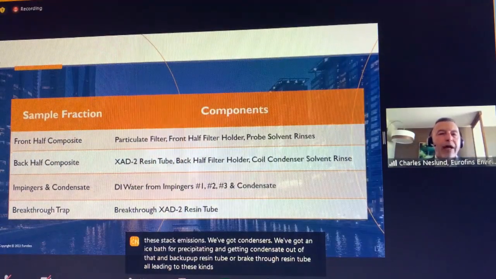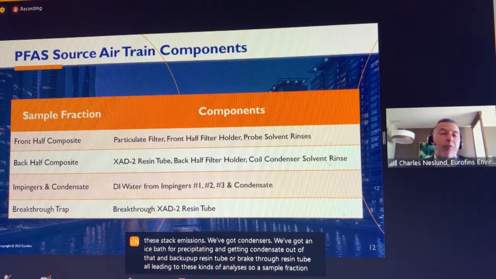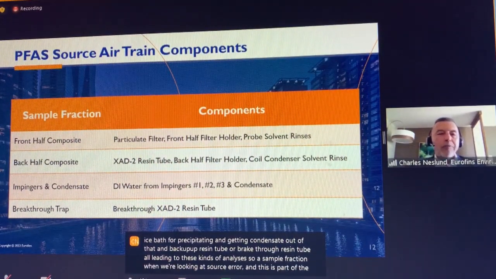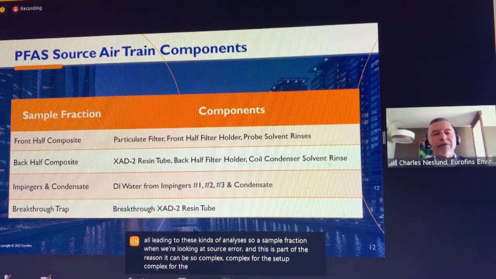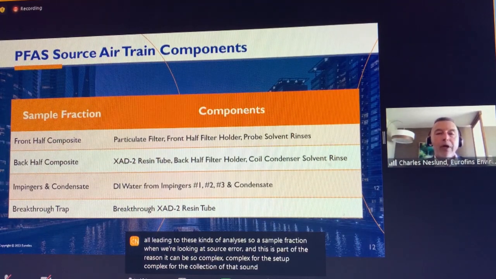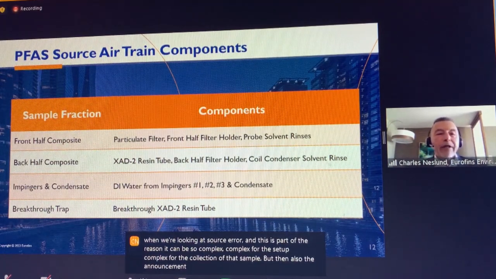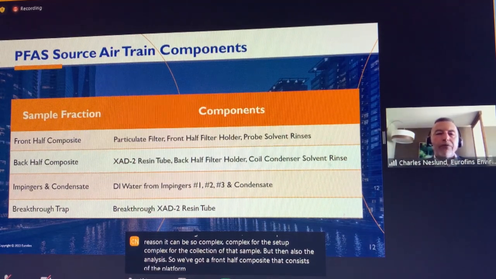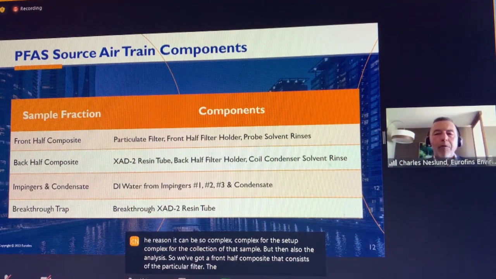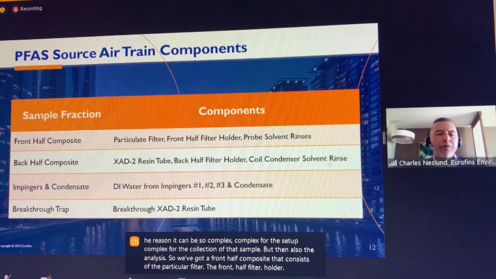So a sample fraction when we're looking at source air, and this is part of the reason it can be so complex for the setup, complex for the collection of that sample, but then also the analysis. So we've got a front half composite that consists of the particulate filter, the front half filter holder, probe rinses, solvent rinses of the probe.